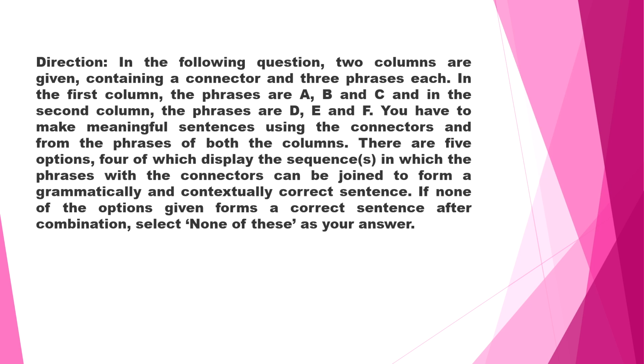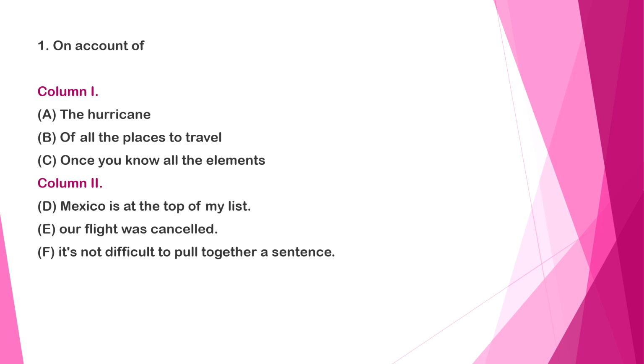There are 5 options, 4 of which display the sequence or sequences in which the phrases with the connectors can be joined to form a grammatically and contextually correct sentence. If none of the options given forms a correct sentence after combination, select none of these as your answer. So, I hope it is clear. Fine. So, here is the first question based on this type. Start solving.